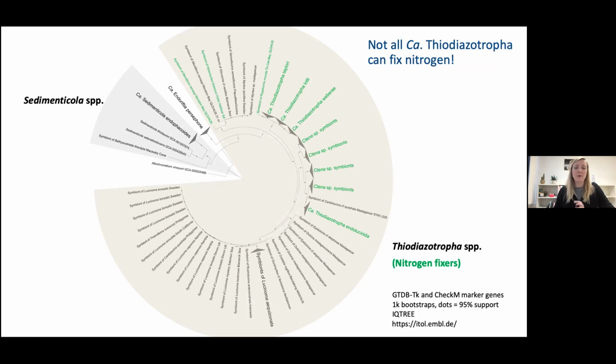And so we do have quite a few members of the family that do not have the genomic capability to fix nitrogen. And one thing that almost all of these have in common is that these are deep water samples. They all come from depths that are below about 30 meters in the oceans. So there's clearly some link between inhabiting the deep sea and not being able to fix nitrogen.